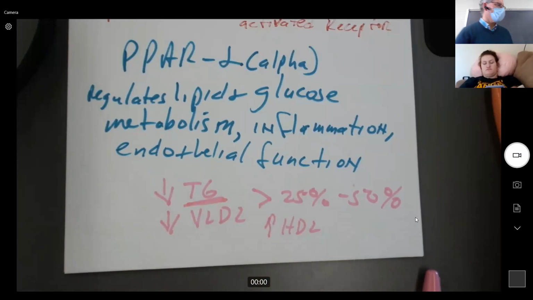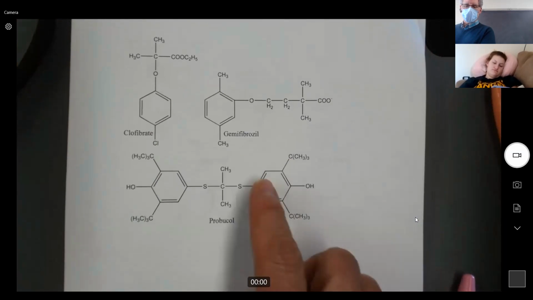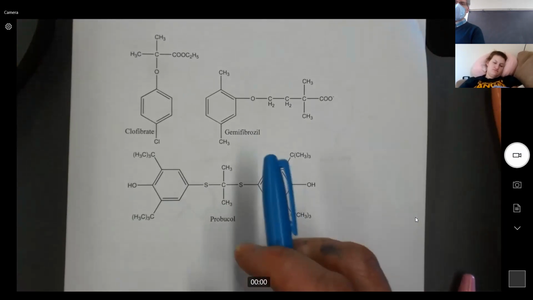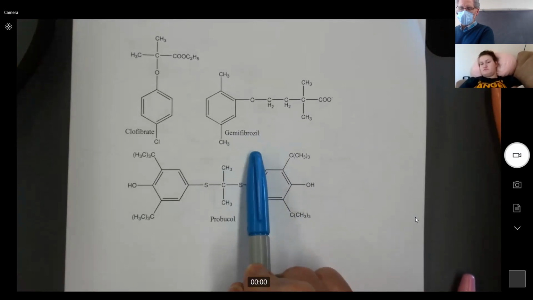Now on your handout, you have the structure of some fibrates. So here are your different fibrates. Of these fibrates, only gemfibrozil has demonstrated beneficial effects on cardiovascular outcomes.